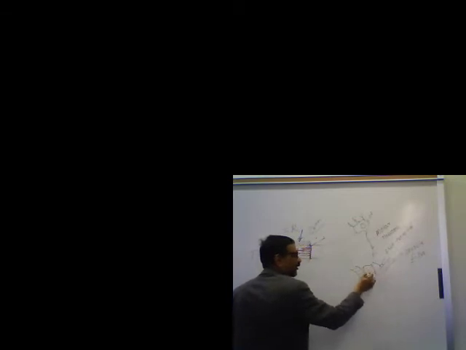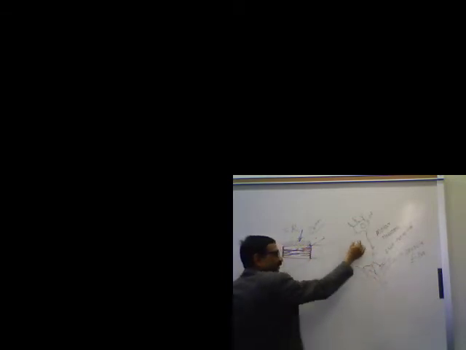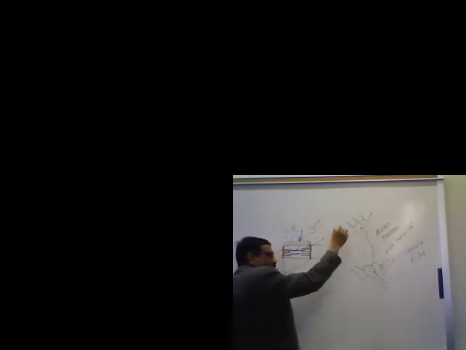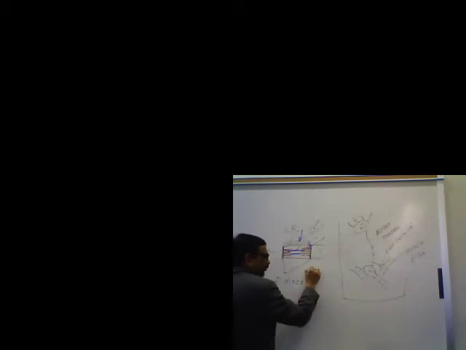So 3 muscle fibers are getting signal from this motor neuron, and this whole structure is called the motor unit.